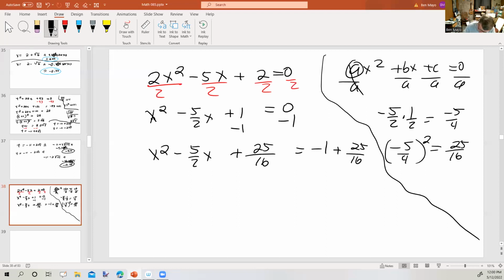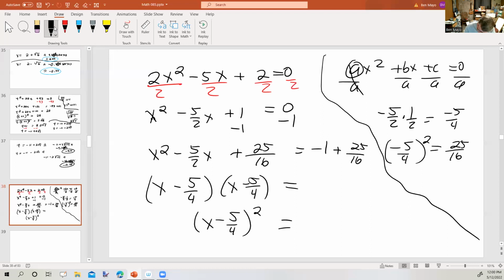Having done that, on the left side of the equation, I have a perfect square trinomial. On the right side of the equation, let's see, negative 1 plus 25/16. Our common denominator would be 16.